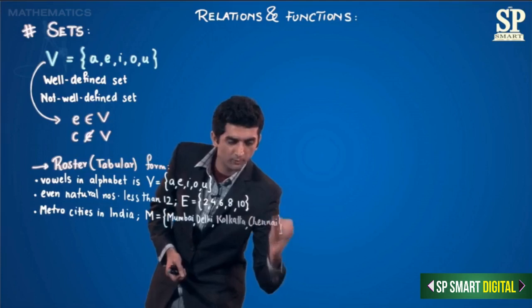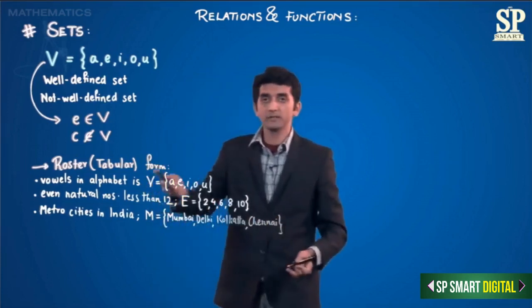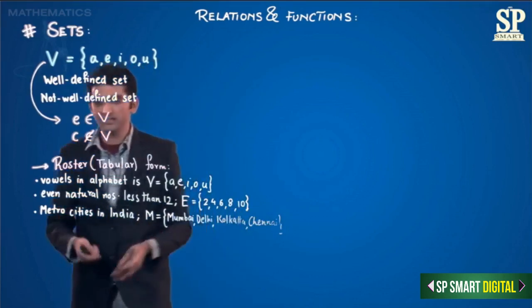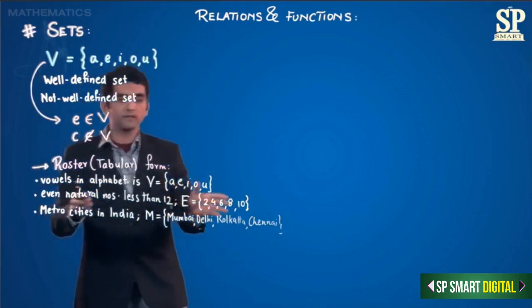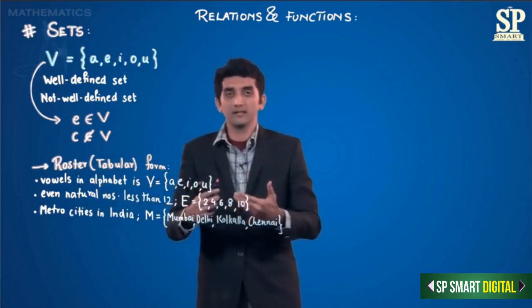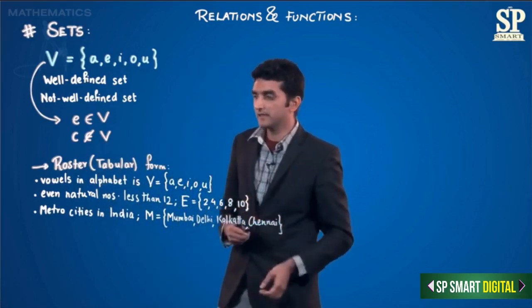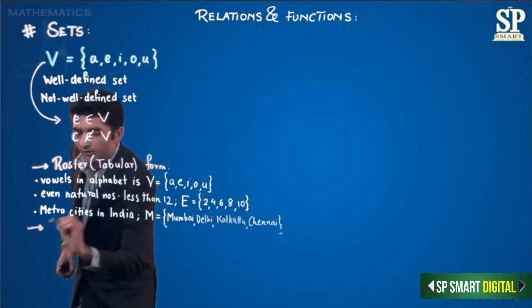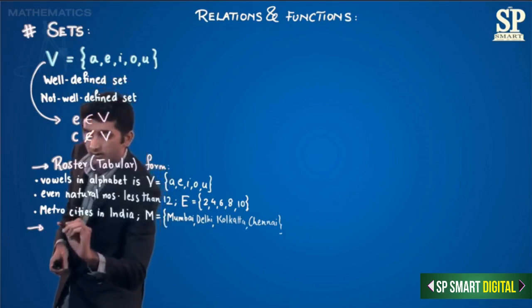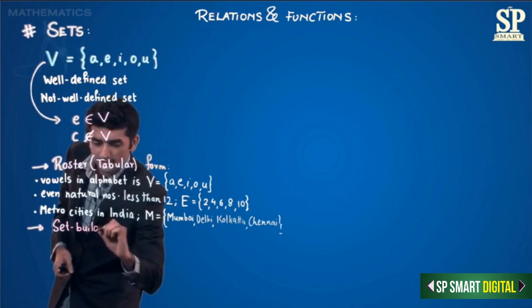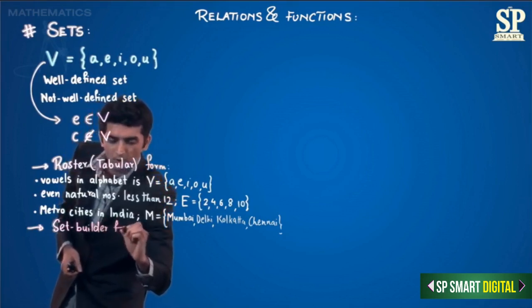So these are the 4 metro cities you can write in this particular set, although you can involve a few more cities as well. That's totally up to you. But the whole motive here is to understand the roster form, the way things are written, the way sets are represented. Now let's move to the second way, the second form, which is called the set builder form. So let's understand what the set builder form is.